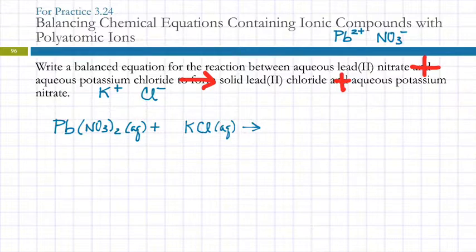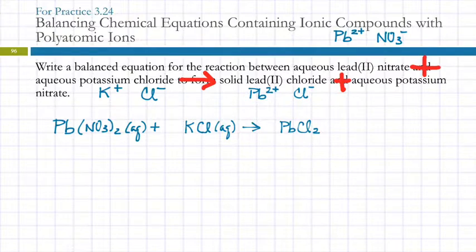And then over here, we've got lead-2 again, Pb2+, and chloride again. So that's going to be PbCl2. I need 2 chlorines to get a -2 charge to balance the +2 charge. This is a monatomic ion, so I don't need parentheses around it because it's not confusing.